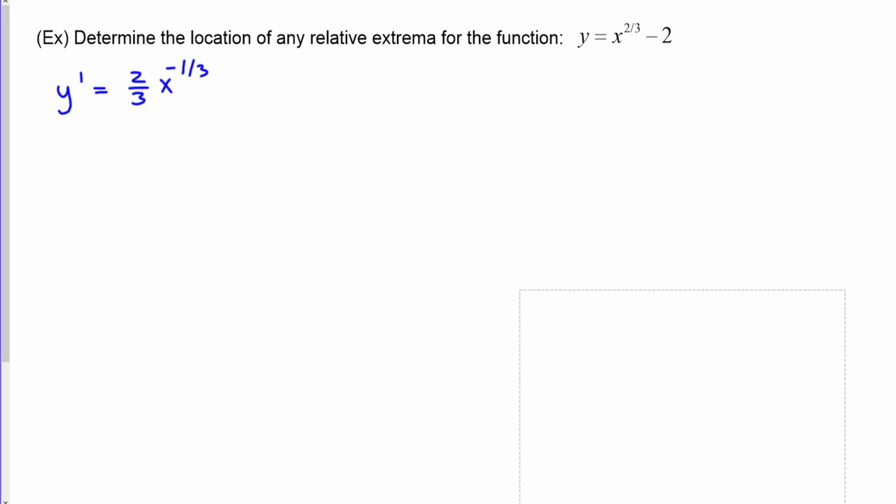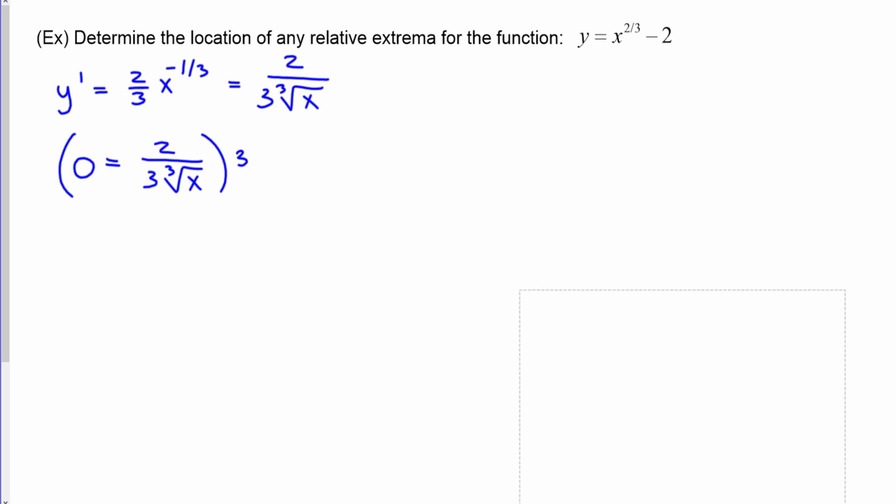Now we can rewrite this so that we get, just making the exponent positive, 2 over 3 times the cube root of x. Now, if I set this equal to 0, I'm not going to be able to solve for anything, because if I set 0 equal to this particular function, then the first thing we'll want to do is get the cube root of x out of the denominator.